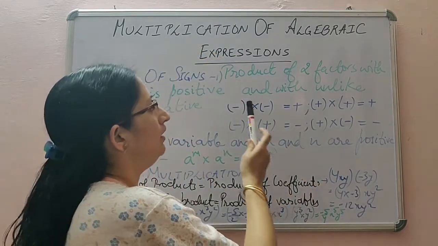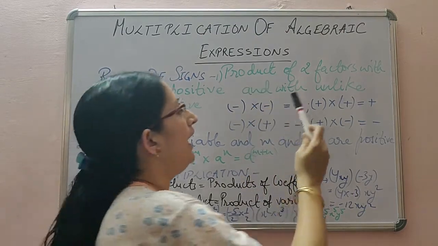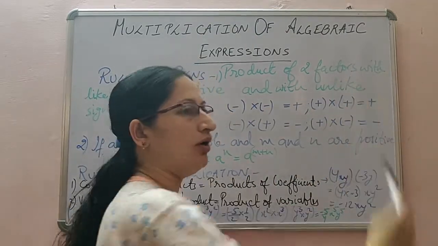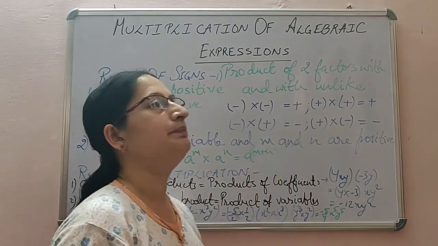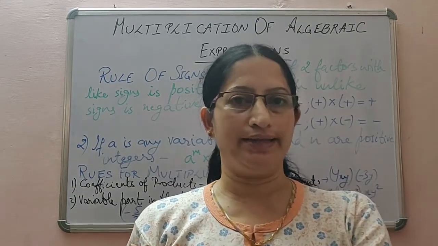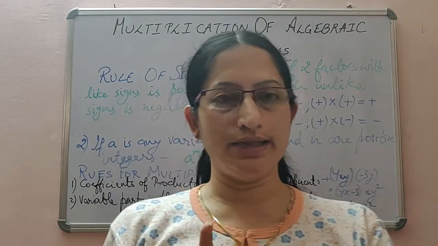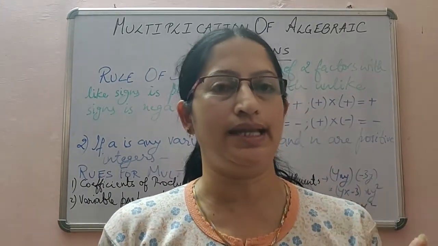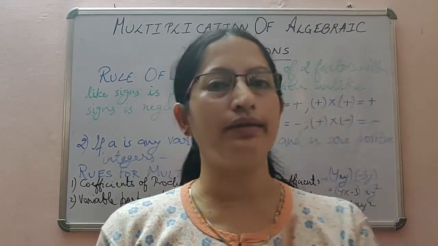That means minus into minus will be always plus, and plus into plus will be also plus. So suppose I have taken minus 2x into minus 4x. So its product will be minus 2 into minus 4, that is plus 8 into x square. Plus 8x square will be the result.